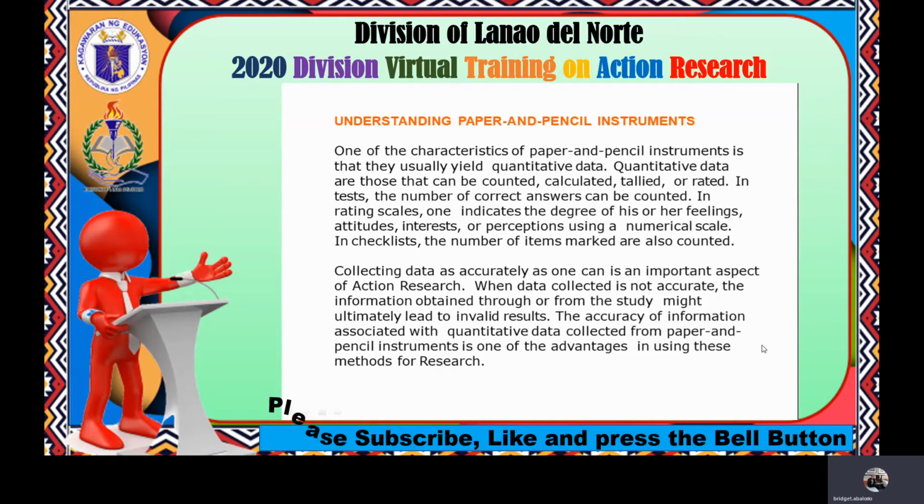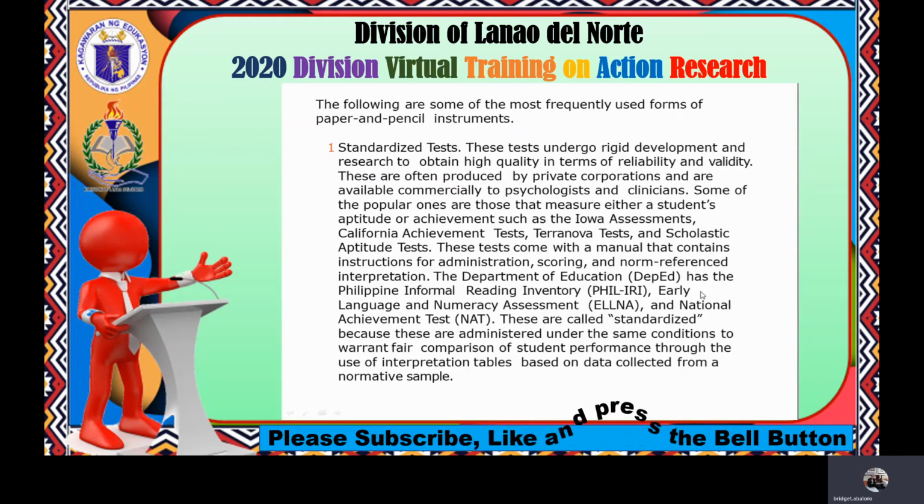The accuracy of information associated with quantitative data collected from paper and pencil instruments is one of the advantages in using these methods for research. Okay, let's proceed with the most frequently used forms of paper and pencil instruments.